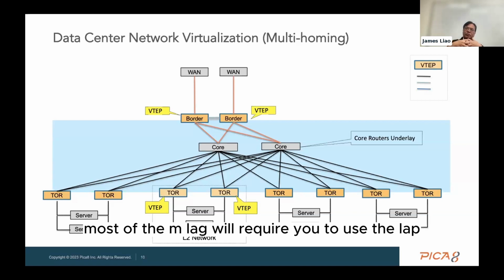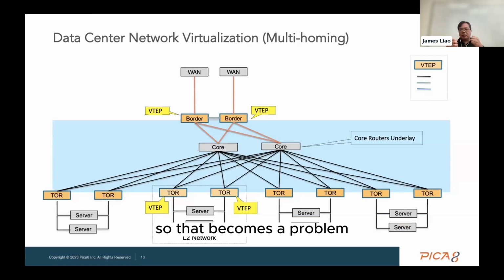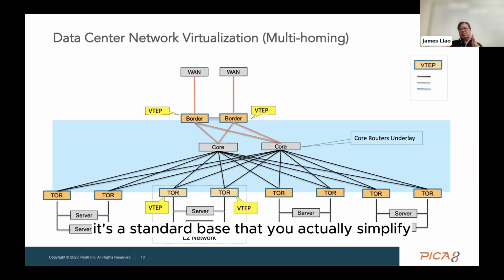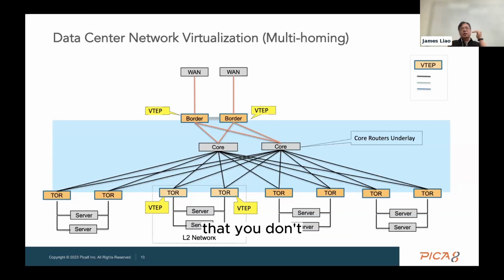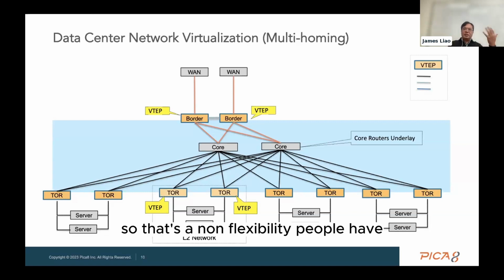Most MLAG will require you to use LACP, and some of the servers do not support LACP, so that becomes a problem. But with EVPN, it's standard-based. It actually specifies that you can support LACP or you don't have to. So that's another flexibility people have.